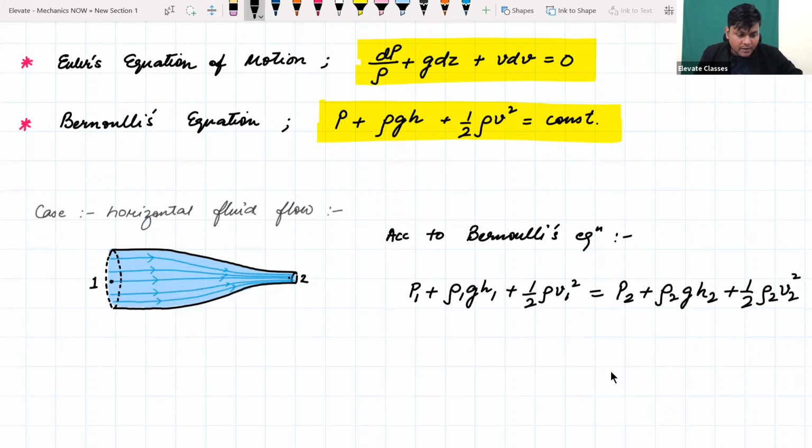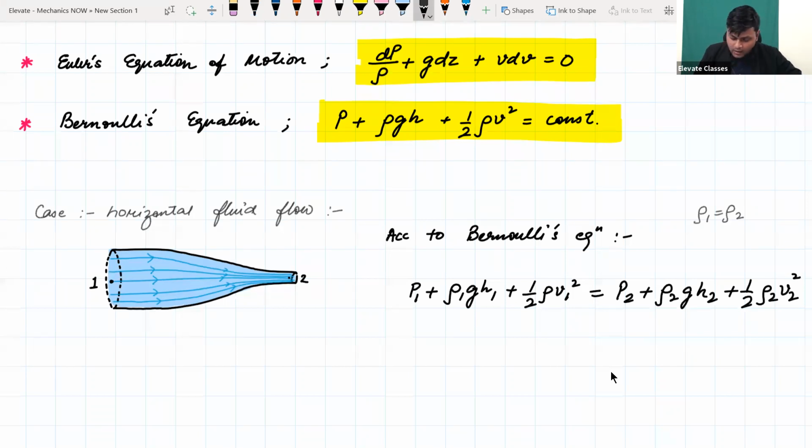Now, because Bernoulli's equation deals with incompressible fluids, at points 1 and 2, rho 1 is equal to rho 2, first of all.